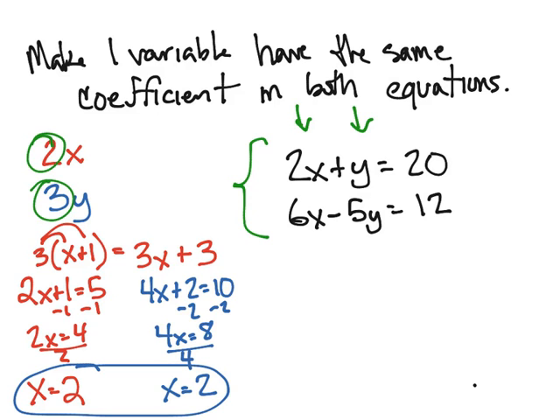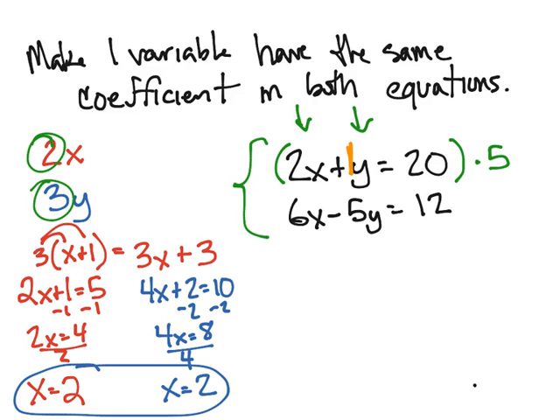In this case, we're going to look at changing the y values to be the same number. So to do this, we have to determine what we have to multiply the top equation by. Since the bottom equation has a 5, and the top currently has a 1 as its coefficient, we know that what we're really going to do is multiply the entire top equation times 5.